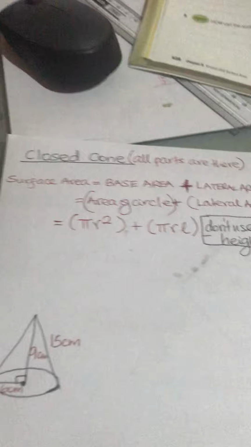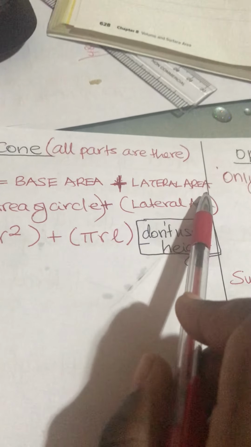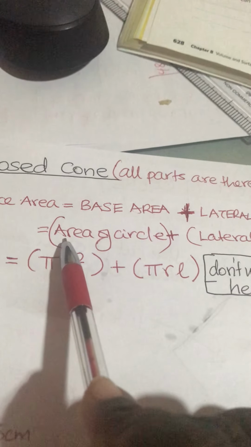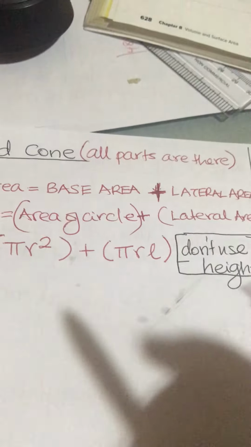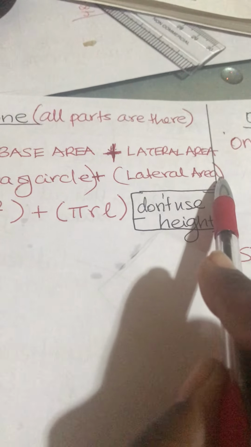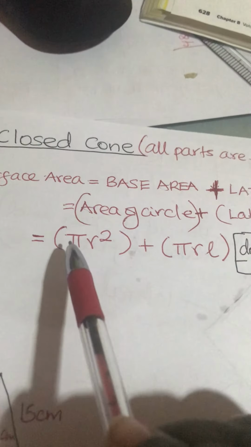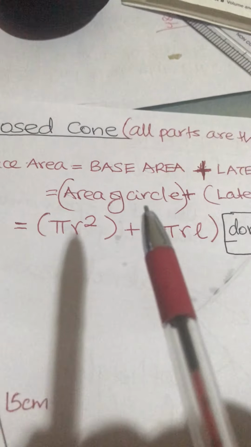Okay? Now, surface area equals base area plus lateral area, which is equal to area of a circle, because the base of a cone is a circle, plus lateral area. And then you write your formula. How do you find area of a circle? Pi r squared. How do you find lateral area?